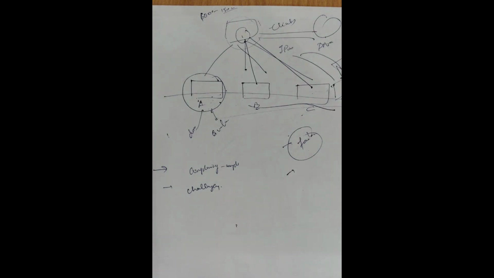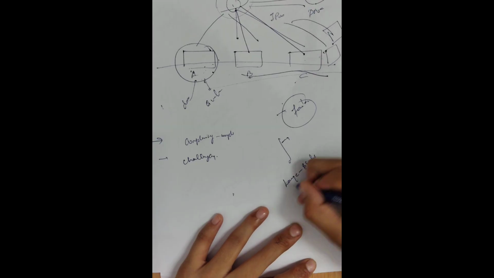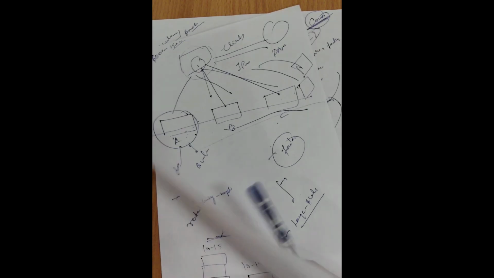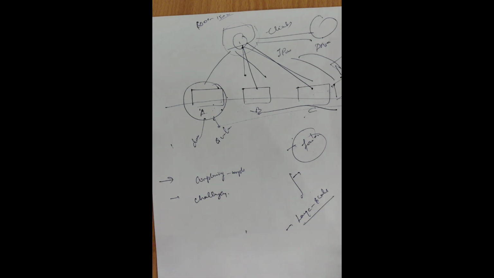So we use horizontal scaling when you know that your project is a large scale project, let's say Google products or Amazon products, right? So your website can get a huge number of requests. In that case, you should use horizontal scaling rather than vertical scaling, because horizontal scaling is much better than vertical scaling.